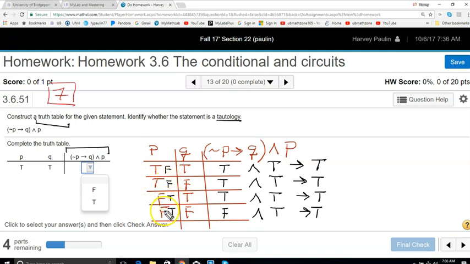This is true. This is true. Now we're going to compare F and T, which is this here, in the conditional is true. The consequent is true, so therefore it's true. Now here we have F and F. They're both false. We said in the conditional that was true.